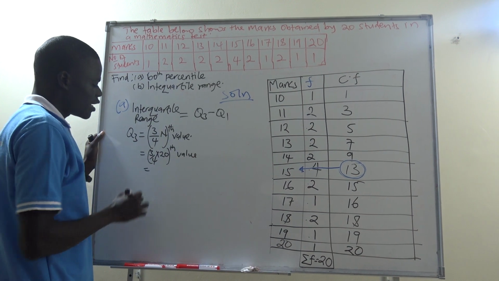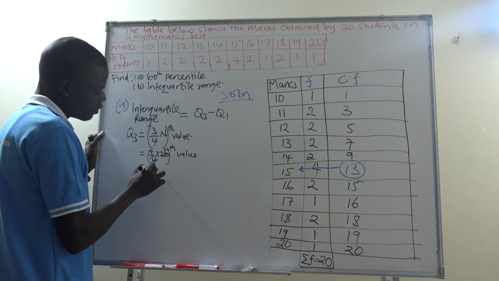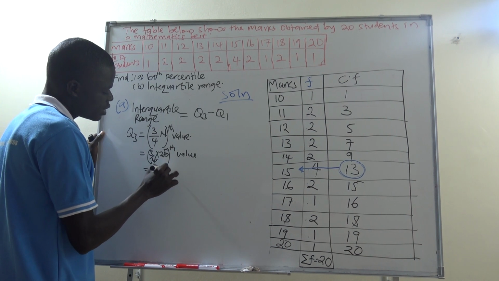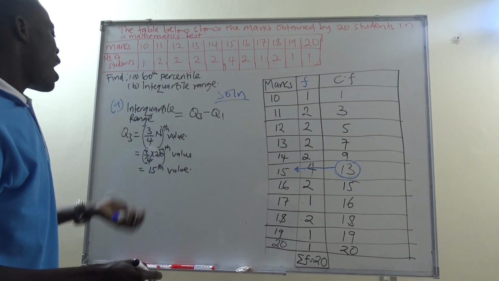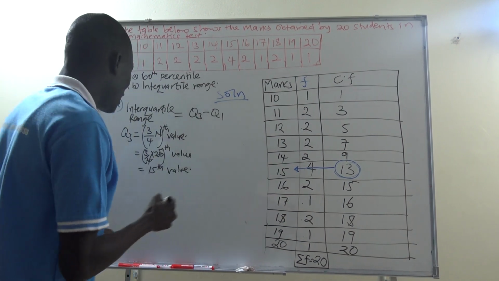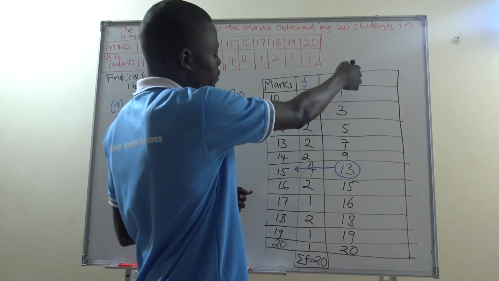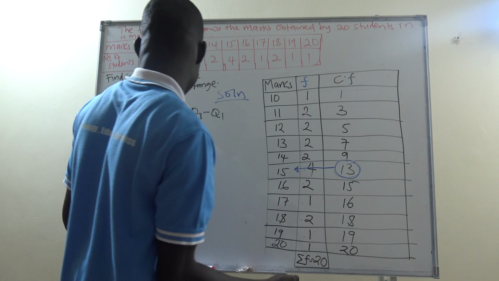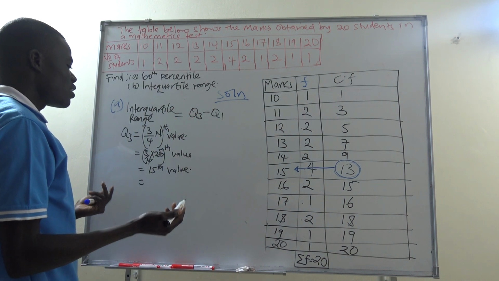Then what is this value? It will come by 4 into 1, by 4, 5. This one becomes the 15th value. That one coincides to our upper quartile range. So the 15th value, you come on your cumulative frequency and then read the value where it will go in 15 and it has no remainder.